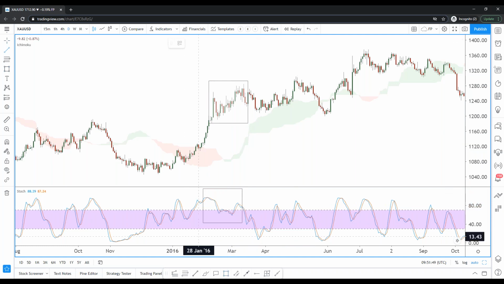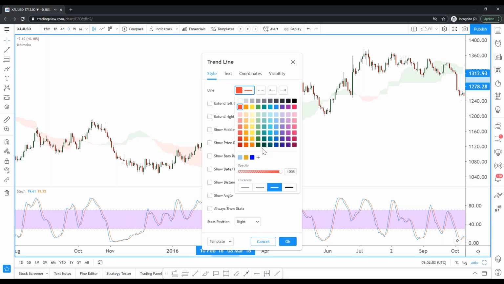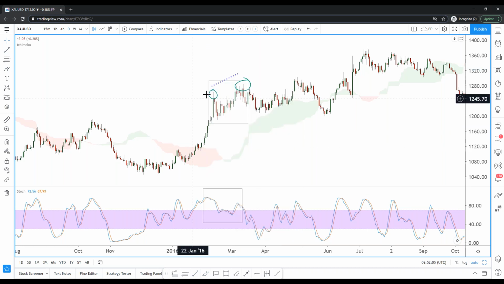Why so? Because you can see in these highs, prices are forming higher and higher highs, represented by the circles. Whereas on stochastics, it's forming lower highs.